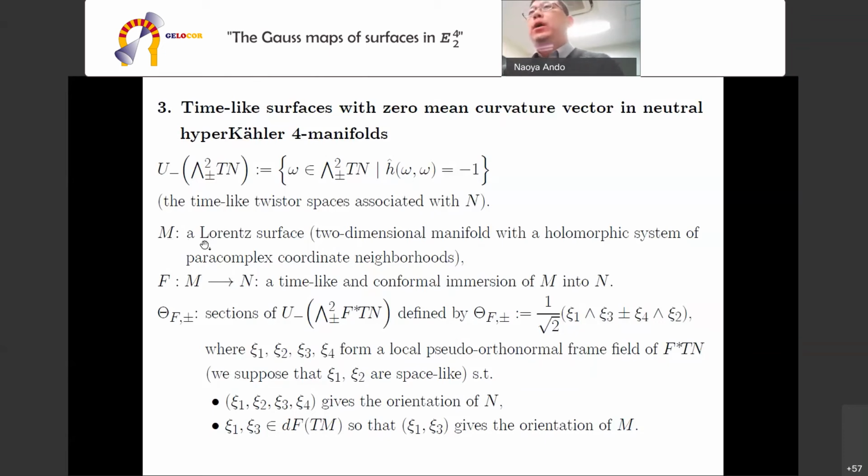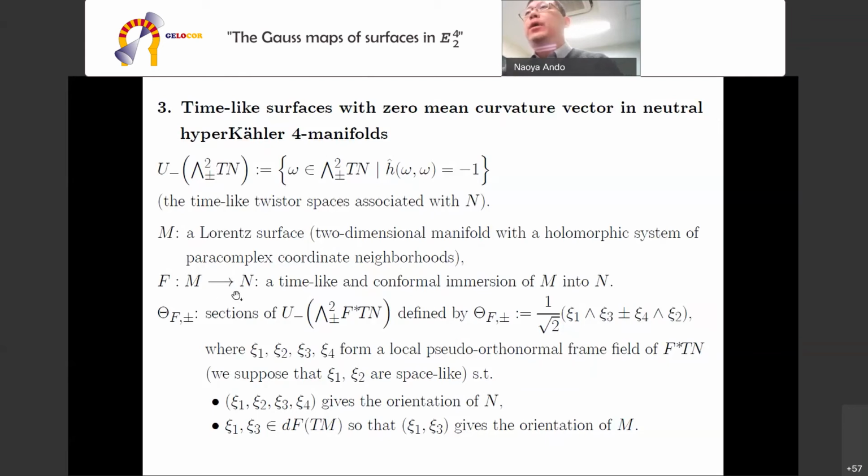Let M be a Lorentz surface. This means a two-dimensional manifold with a holomorphic system of paracomplex coordinate neighborhoods. This neighborhood is an open set of the paracomplex plane.